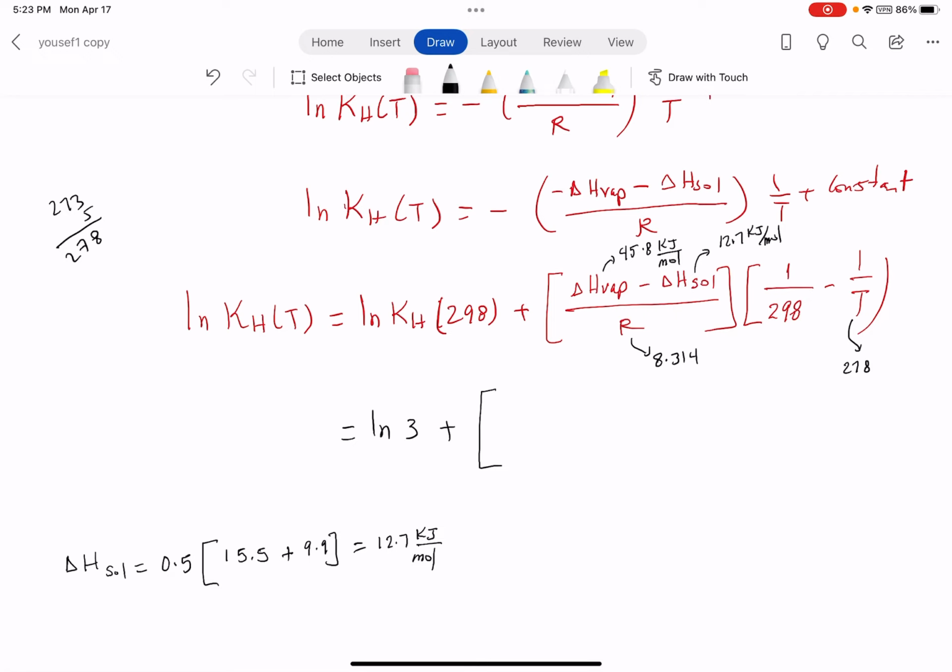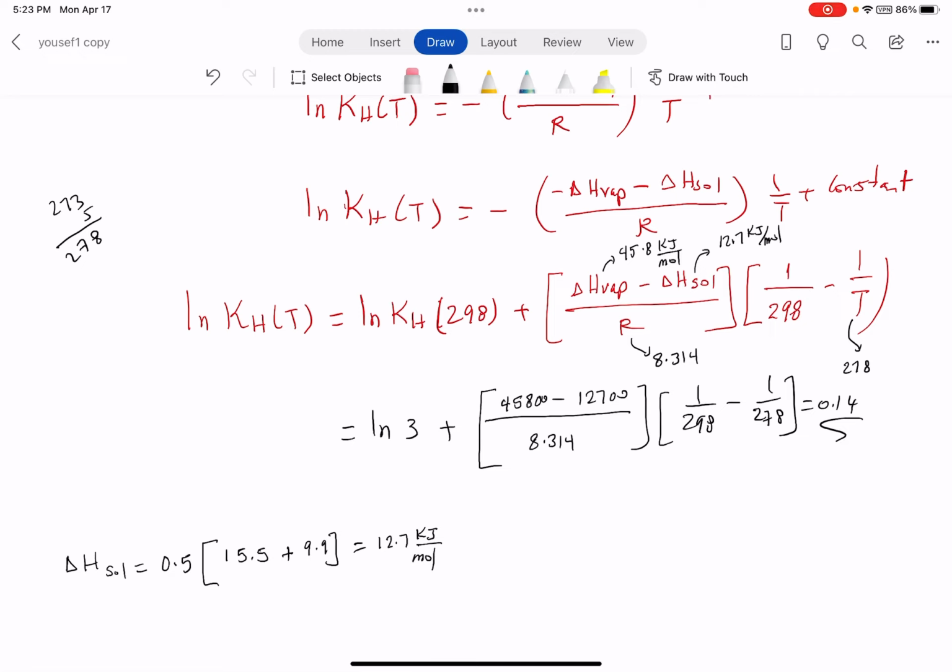This is kilojoule over R times T, so this is equal to 0.14.